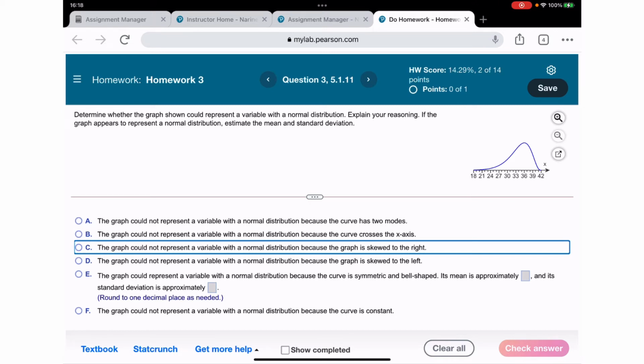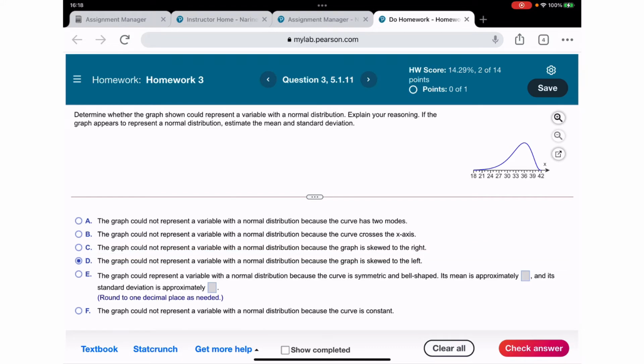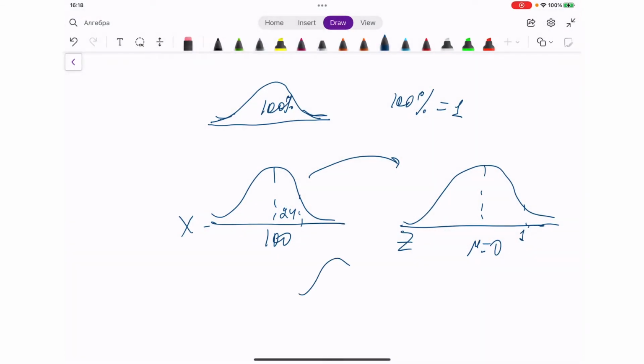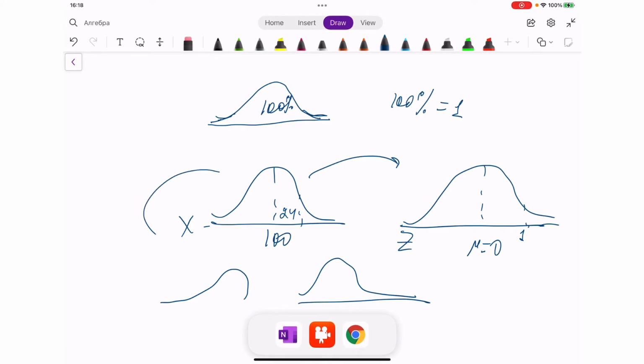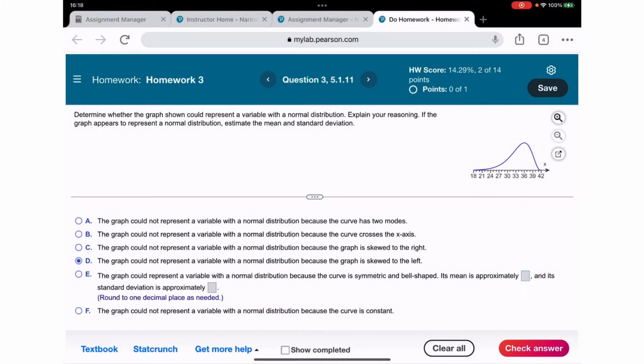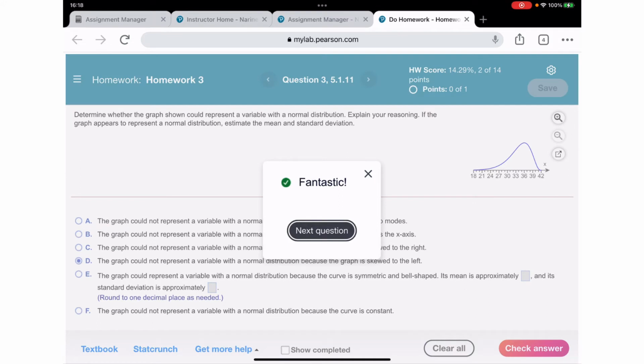This one would be skewed to the right, and this is skewed to the left. In our case, it is skewed to the left. A normal distribution is when it's bell-shaped.